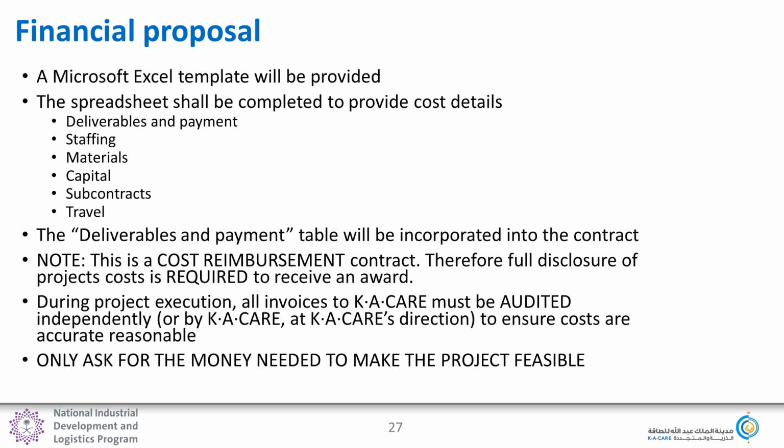And the last point, this is really important, I think it should be obvious because this is a competitive award. You should only ask for the money that's needed to make the project viable. And we think that in many of these instances, certainly if it was a matter of PV displacement of normal electric power systems, there's not a lot of cost share required to make such a project financially viable.